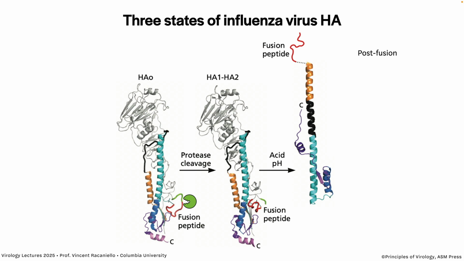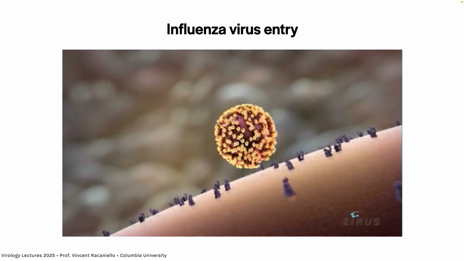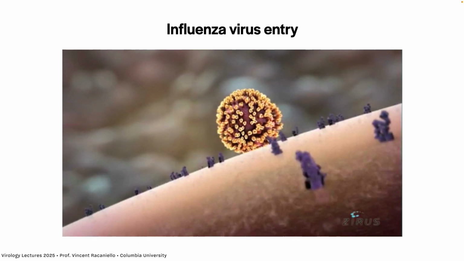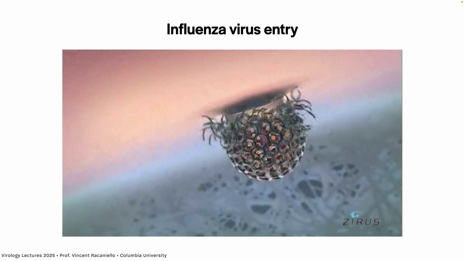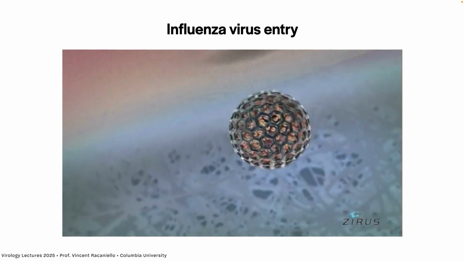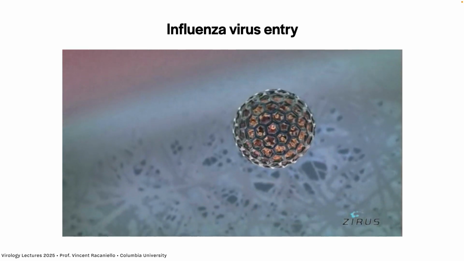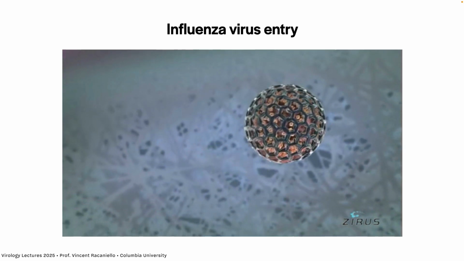All right, here's the animation. That's influenza virus attaching to sialic acids. It's being taken up into an endosome. And these are clathrin-coated endosomes. Those are specific proteins on the outside. And it will move on a microtubule.